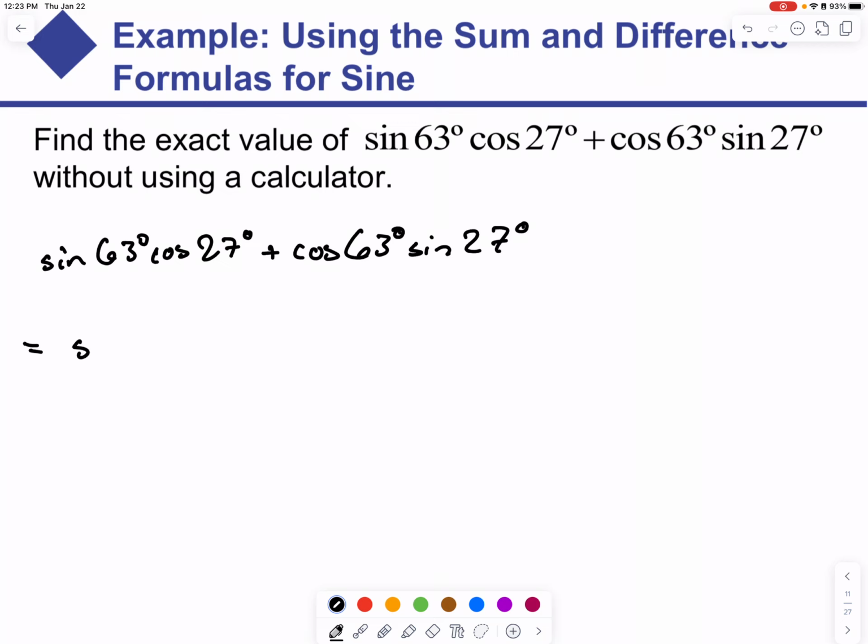So that looks like the sine of 63 degrees plus 27 degrees, 90. Sine of 90 degrees. So on the unit circle, when we're at 90 degrees, the ordered pair is what? 0, 1. So sine is 1 at 90 degrees.